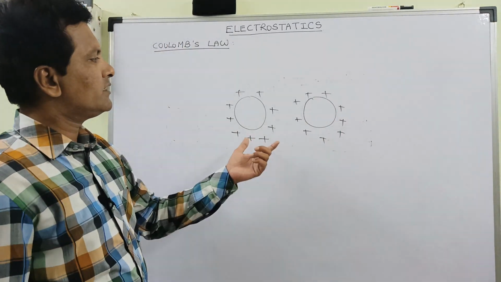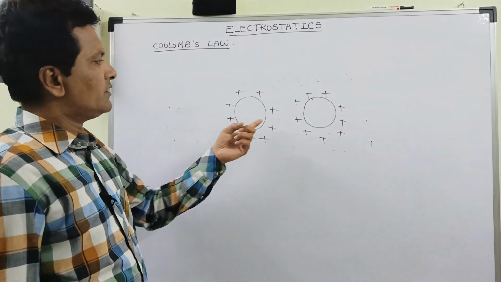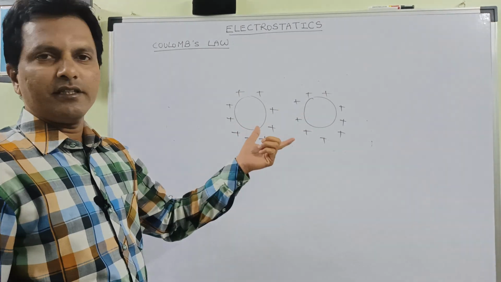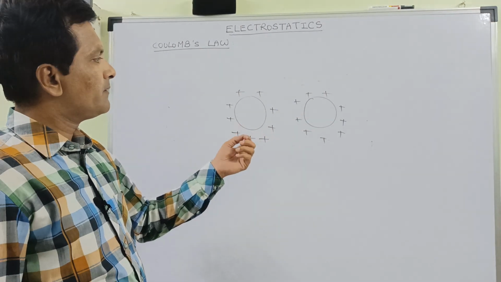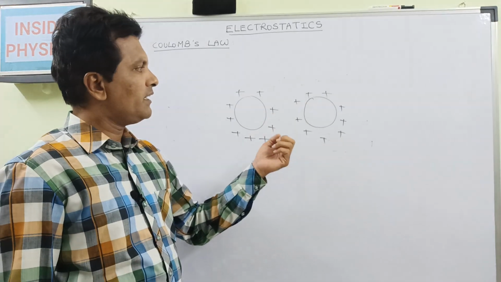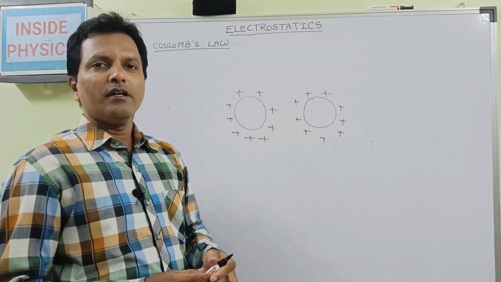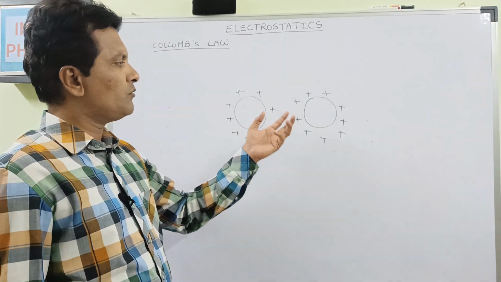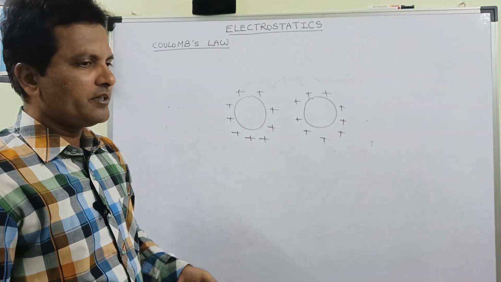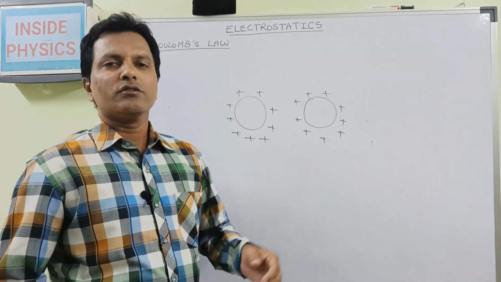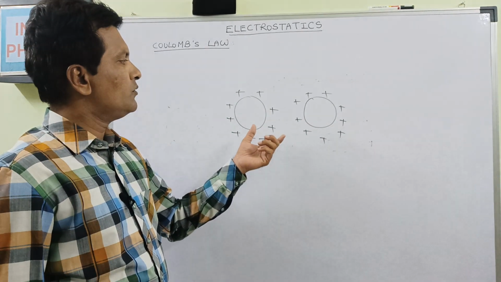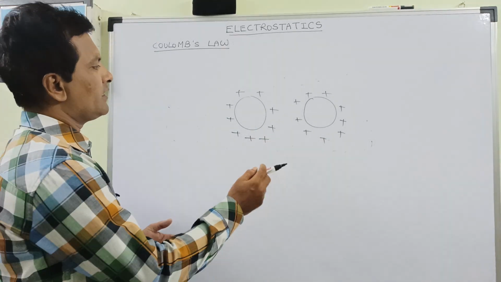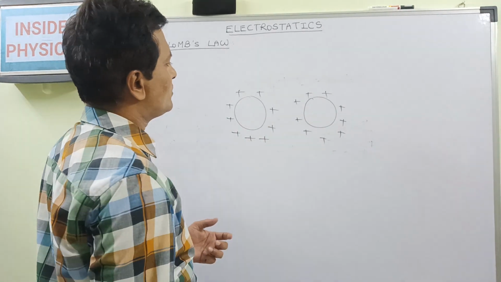If the attraction between these two bodies overcomes the repulsion between them, then two similarly charged bodies can attract each other. In this way we can take negatively charged bodies also.